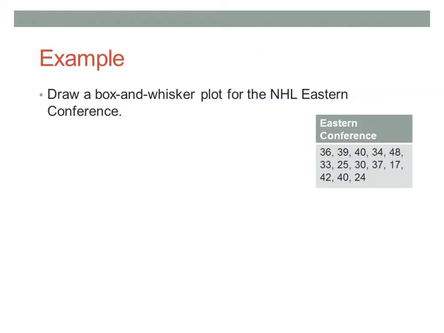So if we look at this, same set of data, we need it in order still. So if we go back to putting it in order, hopefully you have this written down still. 17, 24, 25, 30, 33, 34, 36, 37, 39, 40, 40, 42, and 48.